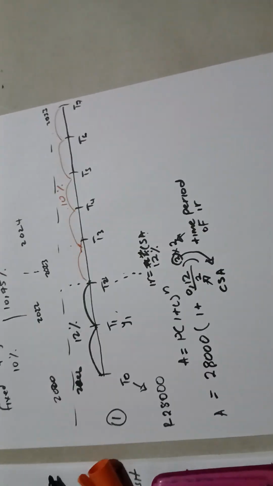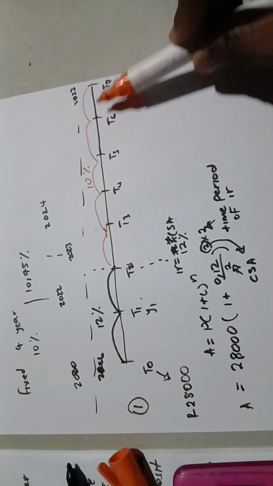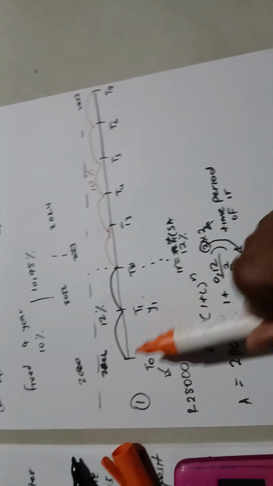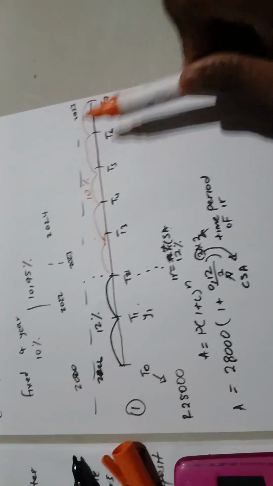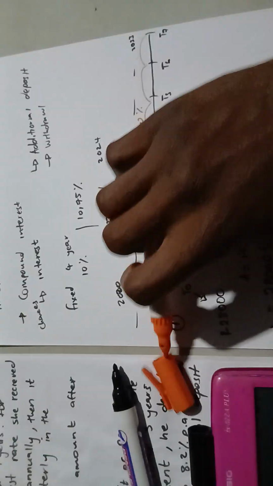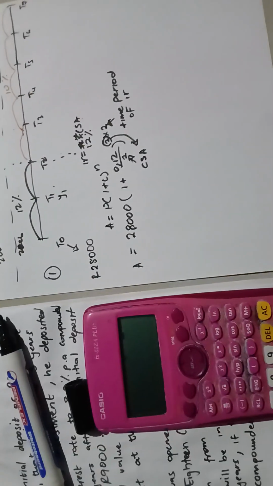So all in all, this period will be equivalent to 7 years. Adding these 2 years and the 5 years is a total of 7 years of the financial investment period. Now, let's continue. Now here, it's 28,000.